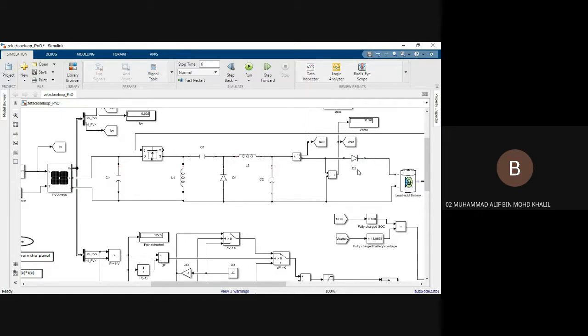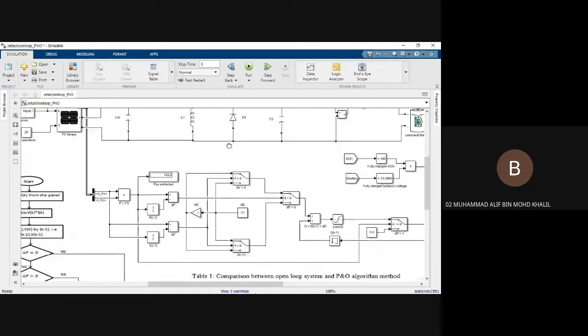The function of this diode is just to avoid any current flow from the battery into the components inside the zeta converter. So we want a one-way flow of current only into the battery.